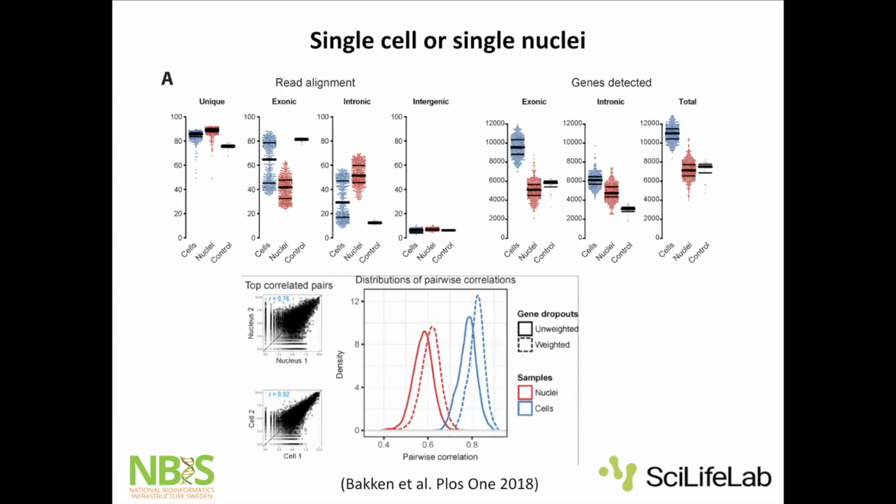So nuclei data will look something like this, that we have intronic reads versus exonic reads higher in cells, intronic higher in nuclei, slightly more intergenic, more total reads, more genes detected. And also, if we look at pairwise correlations with similar cells, you see that it's clearly shifted down if we do nuclei of the same cell types.